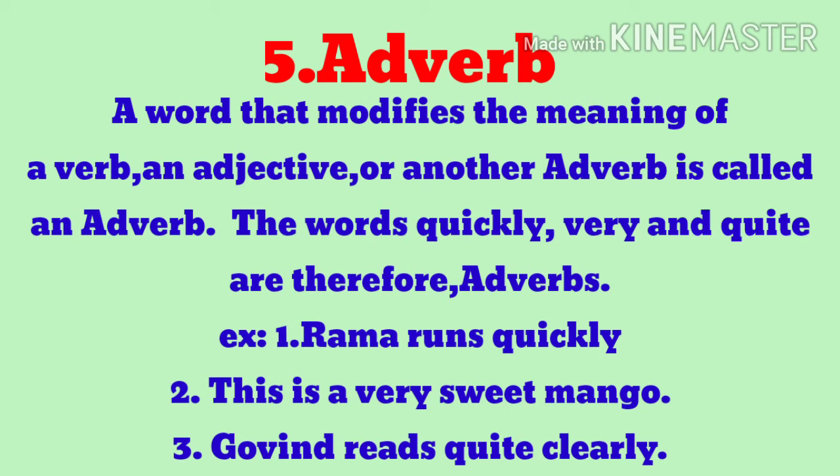In sentence 2, very shows how much or in what degree the mango is sweet, that is, very modifies the adjective sweet. In sentence 3, quite shows how far or to what extent Govind reads clearly, that is, quite modifies the adverb clearly.